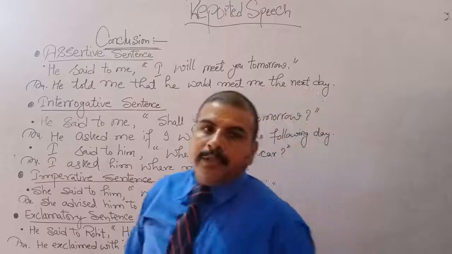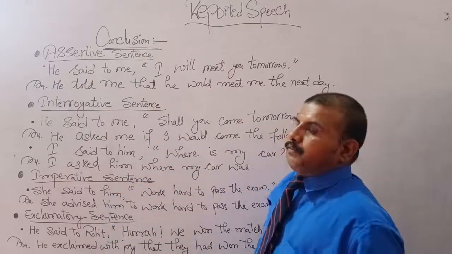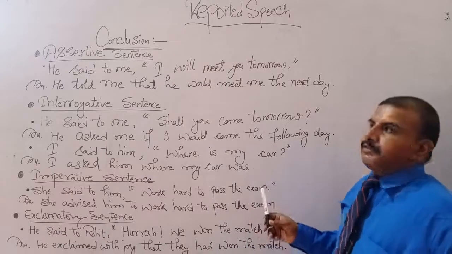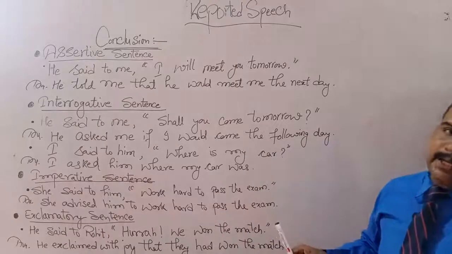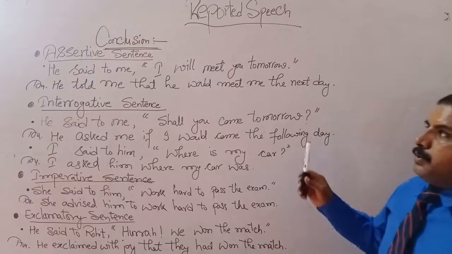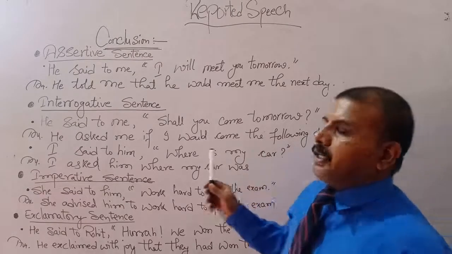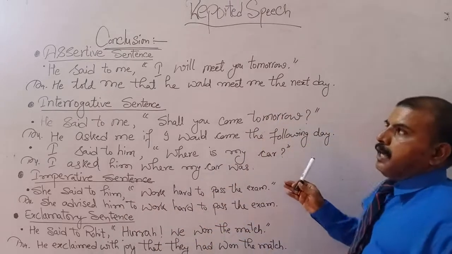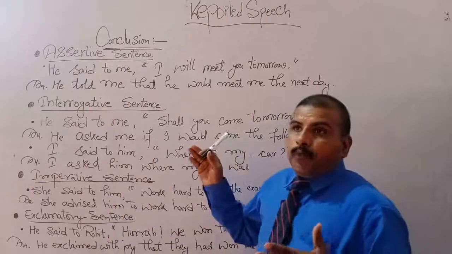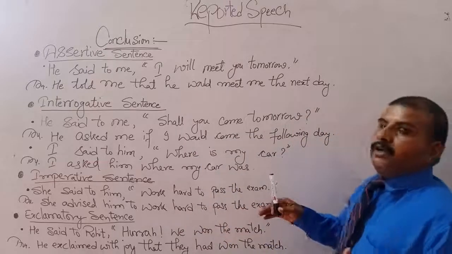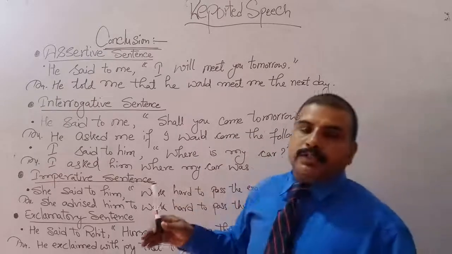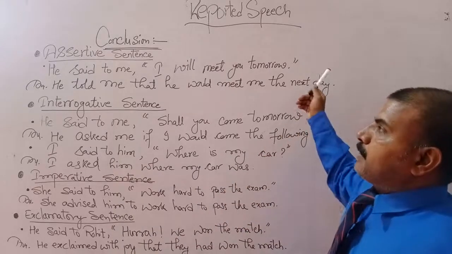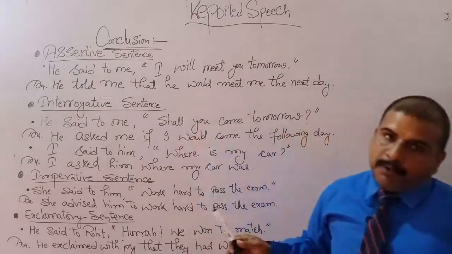In my previous video, I taught you the steps to follow for the conversion of direct speech to indirect speech. The steps are: first, identify the reporting verb, then the reported speech, and decide when to use the conjunction that and when not, and what to use in place of it, which is determined by the kind of sentence to which the reported speech belongs.